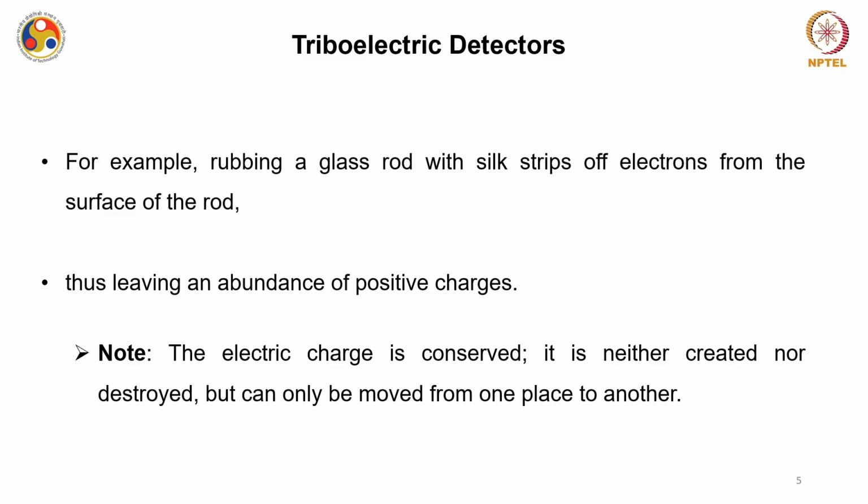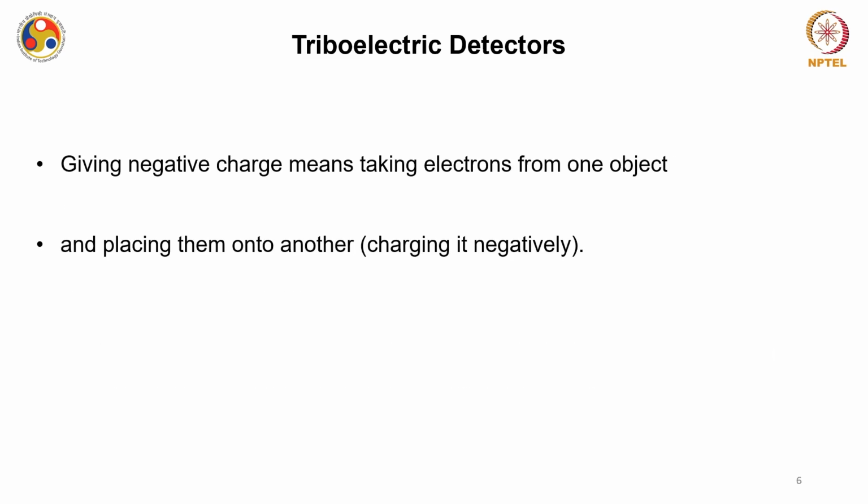Okay, please note that whenever we are talking about this kind of charge redistribution, we should understand that electric charge is conserved in all these cases. When I say electric charge is conserved, I mean it is neither created nor destroyed, but it is just moving from the rod to the silk cloth. So giving negative charge to any object in this two-body problem means taking electrons from one object and placing them on another object.